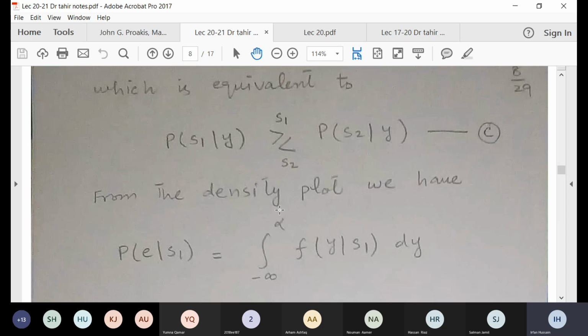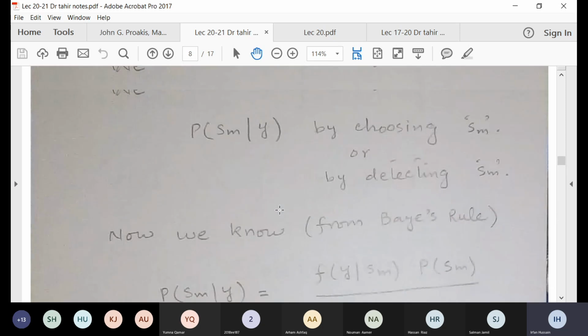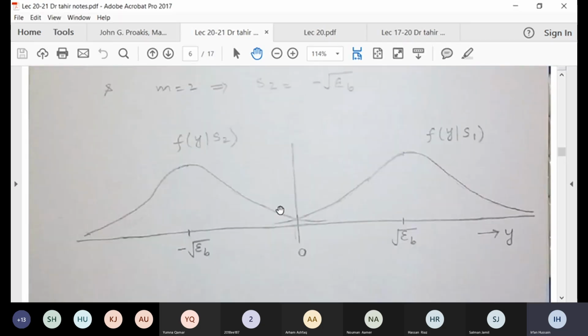Now, the next thing is the error probability, that you have sent S1 but you detect S2. You can see here that if you have sent S1, then f of y given S1 should be greater than f of y given S2, but at some point the probability of y given S1 comes out to be less than the probability of y given S2.